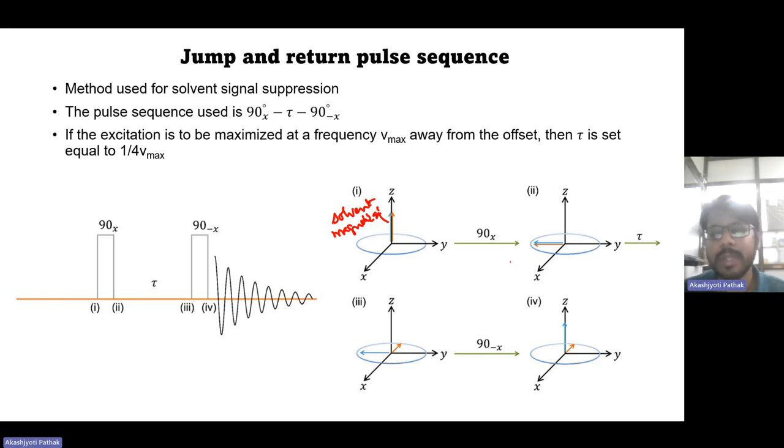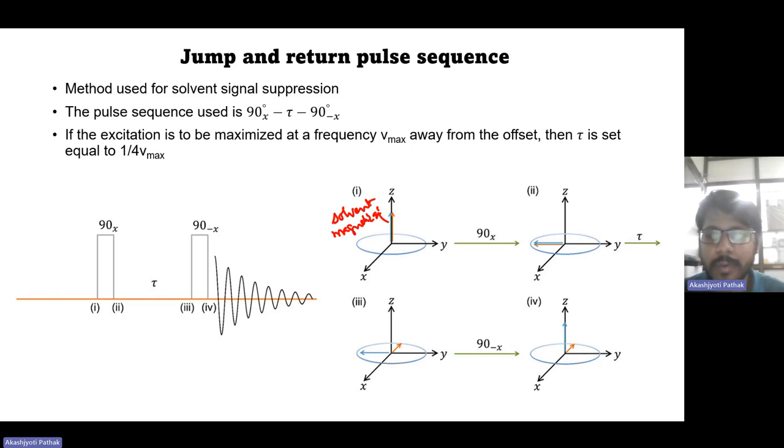In this tau delay, the solvent molecules have a different frequency of precession, and they will start dephasing out from the xy plane.